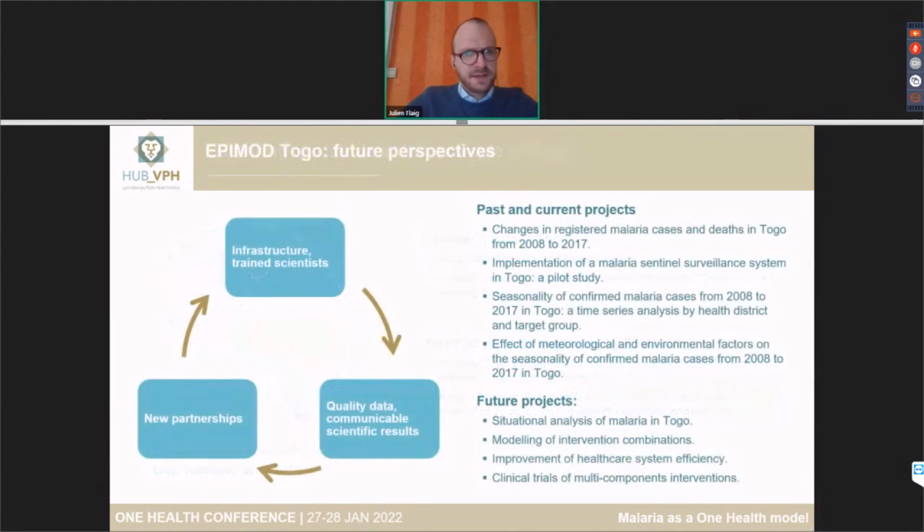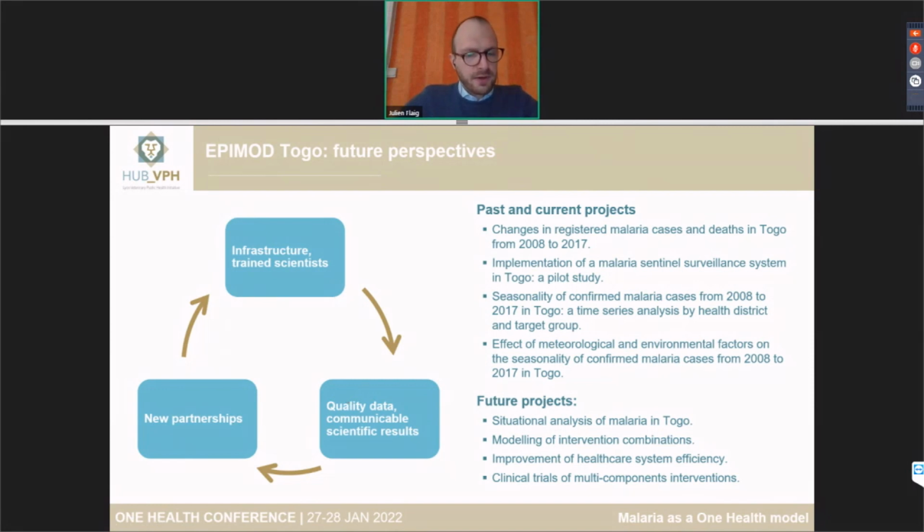So there is data available in Togo. However, the country still has one small weak spot, which is the lack of locally trained scientists at master's and PhD level. In the next few years, our objective will be to try to contribute to this virtuous cycle by supporting the training of scientists.